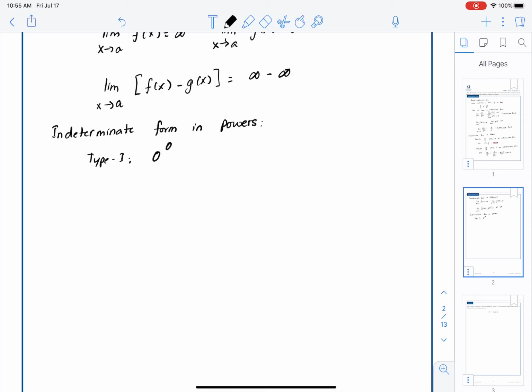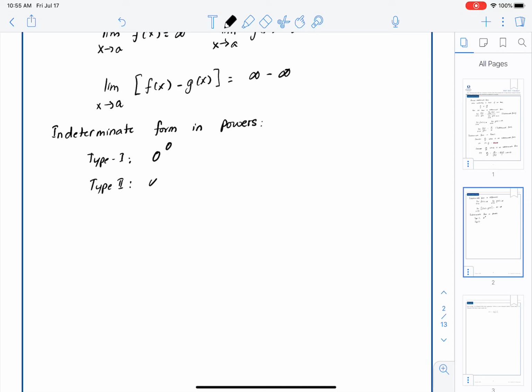Even in algebra, if one wants to evaluate 0 raised to the power 0, we would get 1. Any number raised to the power of 0 is 1, but when we evaluate limits, this will be an indeterminate form.